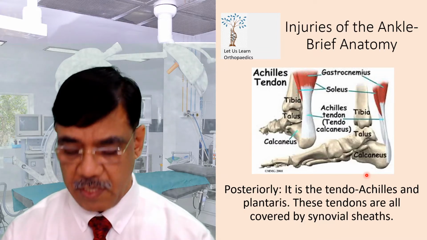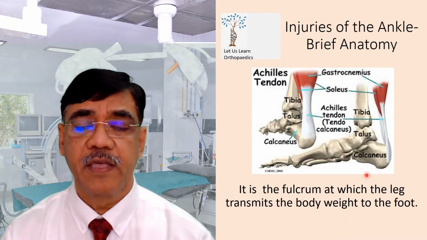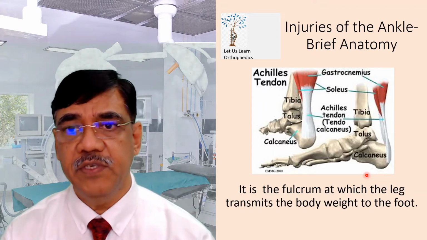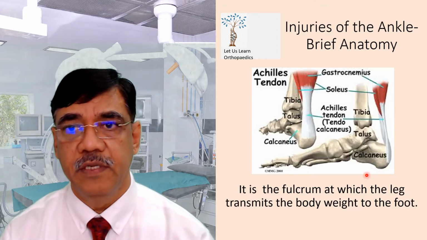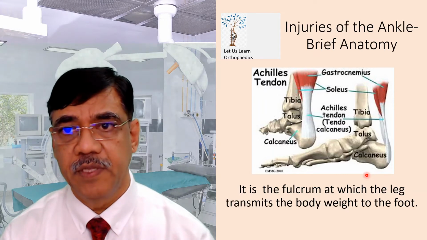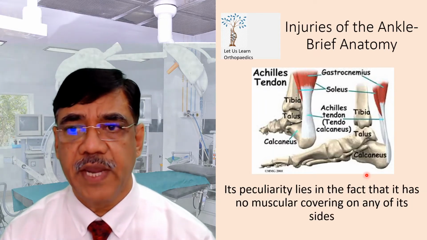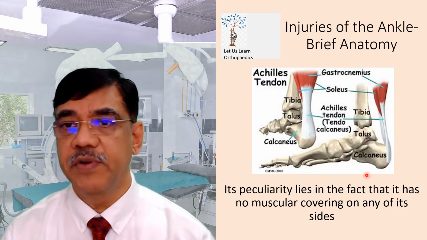These tendons are covered by a synovial sheath. The ankle is the fulcrum at which the leg transmits the body weight to the foot. Its peculiarity lies in the fact that it has no muscular covering on any of its sides.